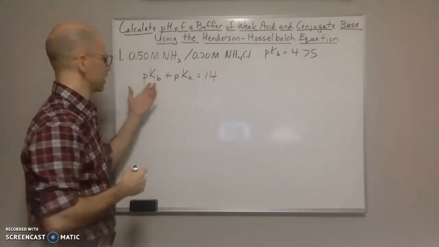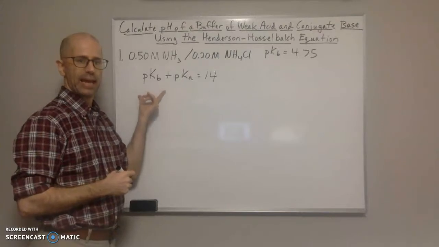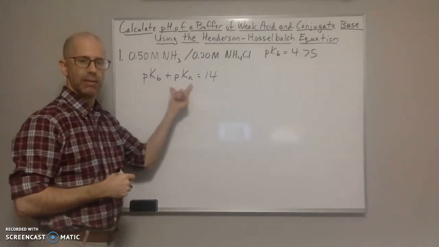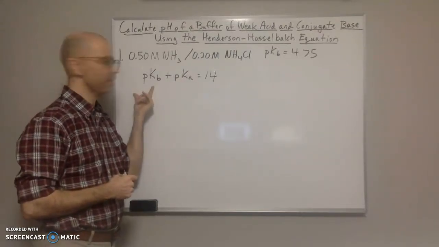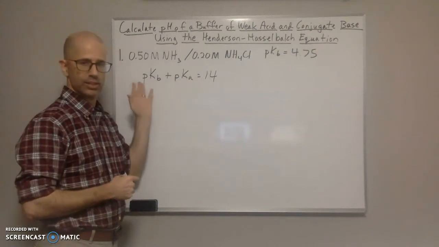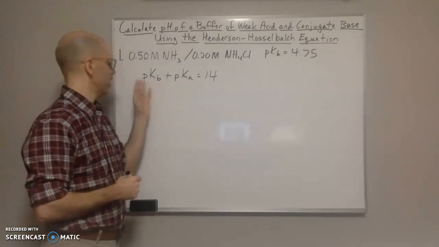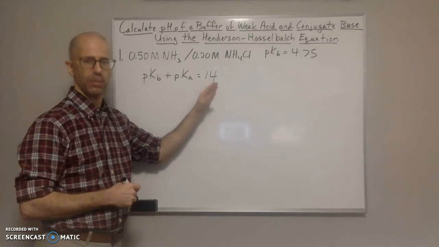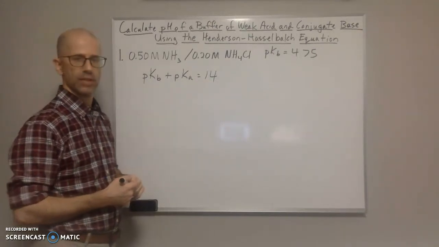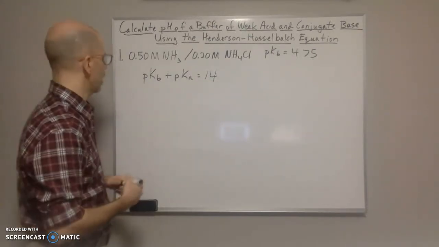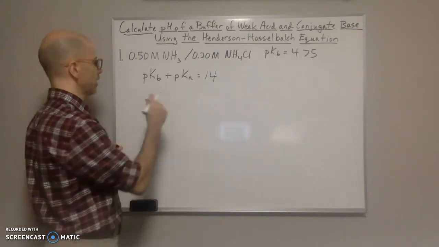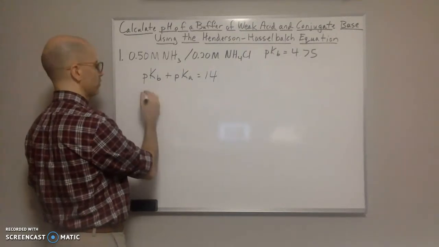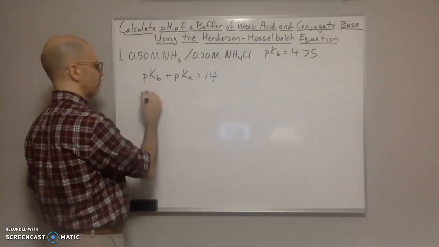That's because the Kb times the Ka is equal to the Kw, which is 1 times 10 to the negative 14. We know the pKb, so all we have to do is subtract from 14.